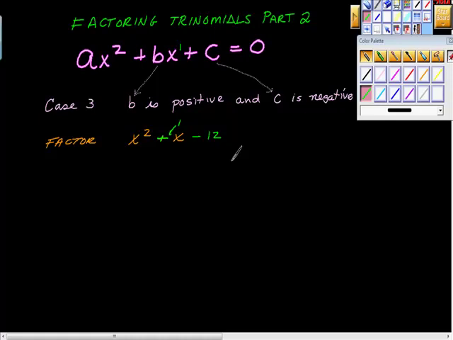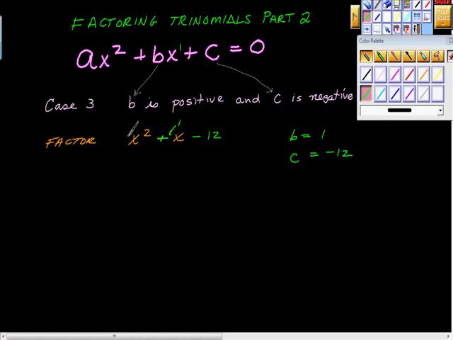So, okay. Let's see where this goes. The third case that we want to talk about tonight was case 3, where b is a positive number and c is a negative number. B equals positive 1, and c, of course, equals negative 12.